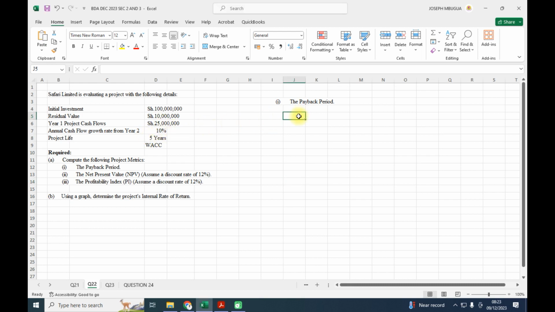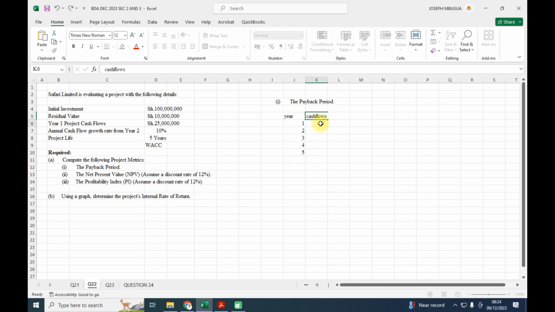So you'll have here the year, and there are 5 years. 1, 2, and I can pick this pattern, 3, 4, 5. So there are 5 years in that case. And the other thing we have is the cash flow, our cash flows.